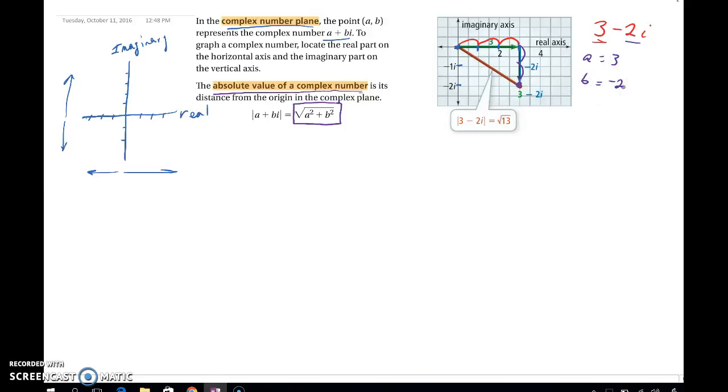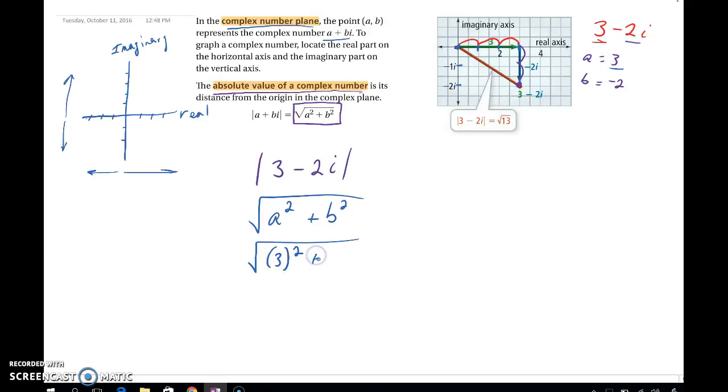So we would do the square root of 3 squared plus (-2) squared. 3 squared is 9. -2 squared is 4, so 9 plus 4, so the square root of 13.